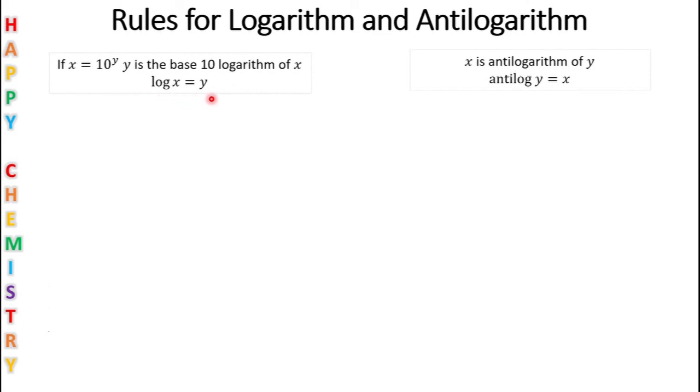That means log x equals y. If we consider this the other way round, x is the antilogarithm of y. That means antilog y equals x.